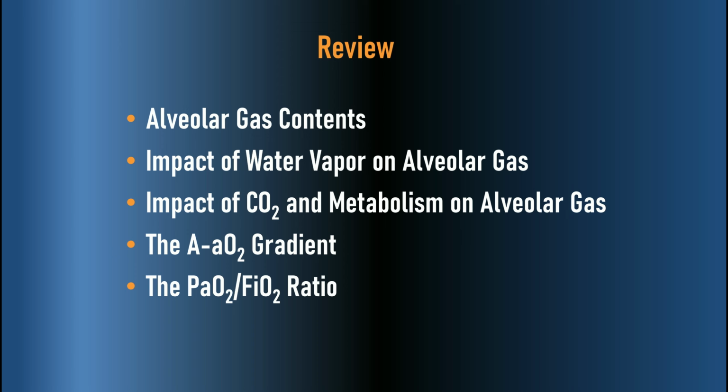I subsequently went on to explain why the PF ratio, the PaO2 divided by the FiO2 ratio, has replaced the alveolar gas equation in most clinical practice these days because of its simplicity and the very nice round numbers that we have. But nevertheless, in situations, for example, where the partial pressure of CO2 in the blood goes up, the alveolar gas equation gives us really good information for helping us titrate oxygen therapy.